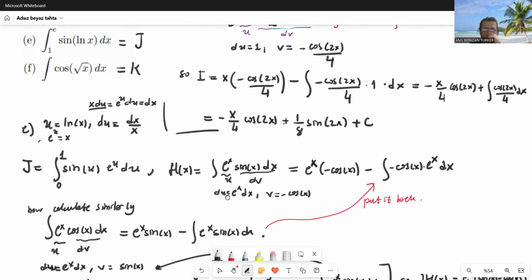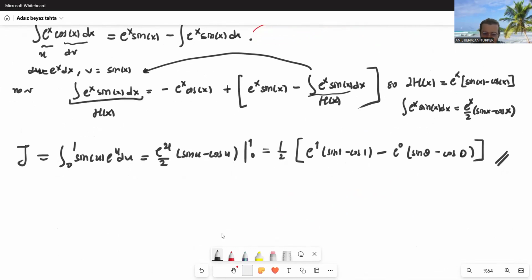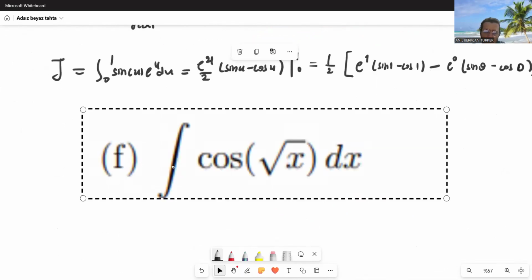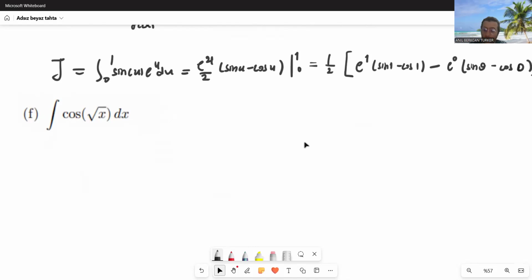So let's do part f. Again, without checking anything, you can put this as u. So u is equal to square root of x.